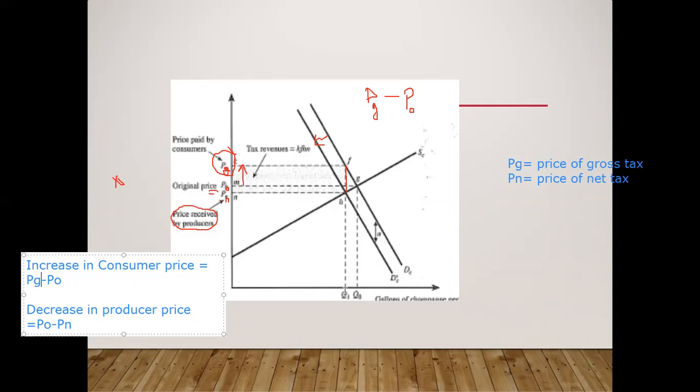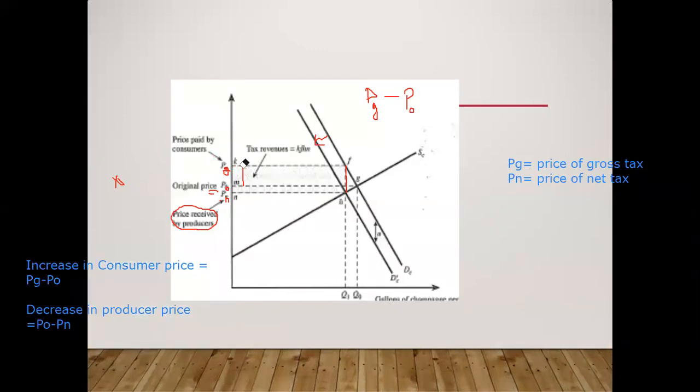Revenue is the product of Q, the number of units purchased, which is Q1, and the tax per unit, right? Graphically, Q1 is the width of the rectangle KFHN.